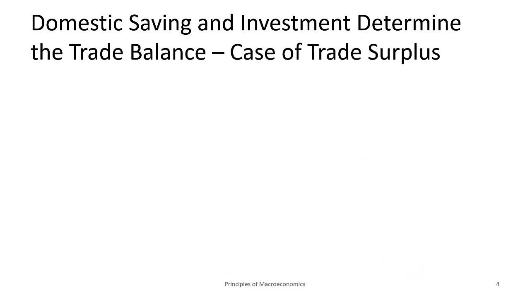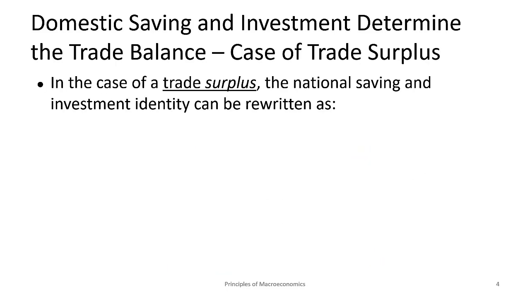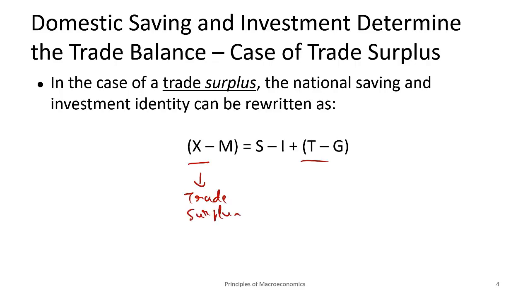Now let's discuss the same thing using a trade surplus. A trade surplus is a situation where we have more exports than imports, which means a lower trade deficit. Again, that whole demand and supply of financial capital can be rewritten as this. This is your trade surplus and this is your budget surplus.